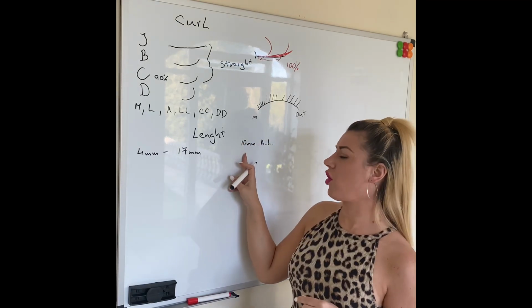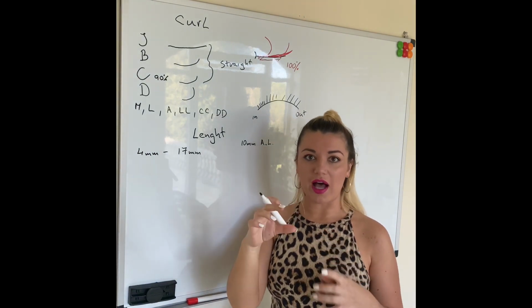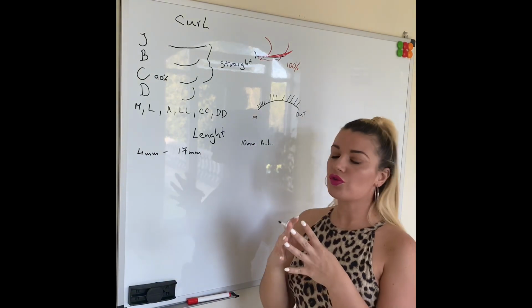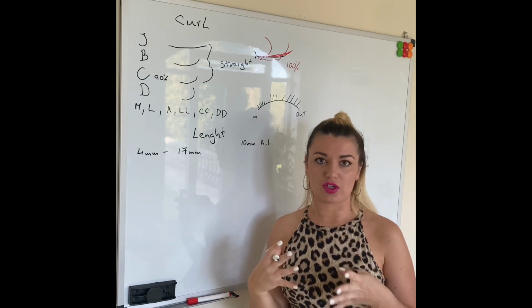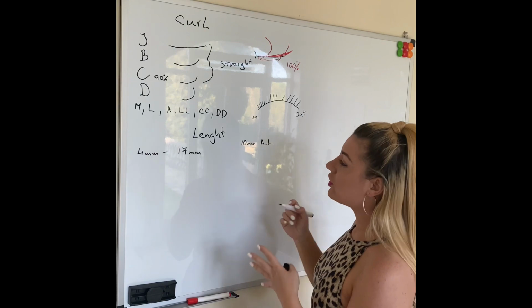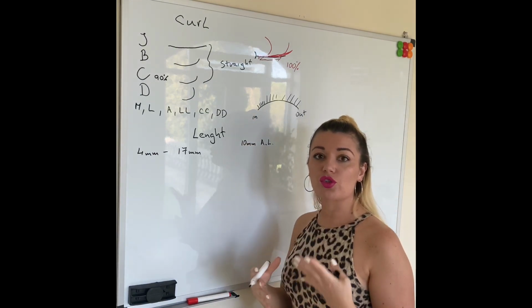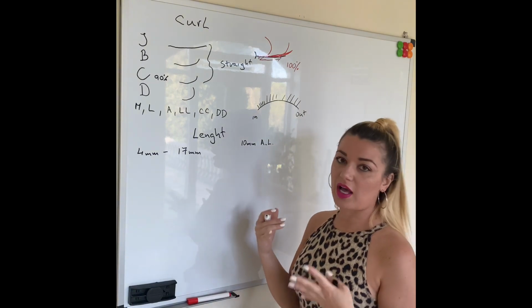So if someone's got a 10 millimeter long lash, we want to try to do something slightly longer than her natural eyelash if she wants lashes to be quite visible. But we don't want to go extremely long, because that's just going to be too heavy for her natural eyelashes.